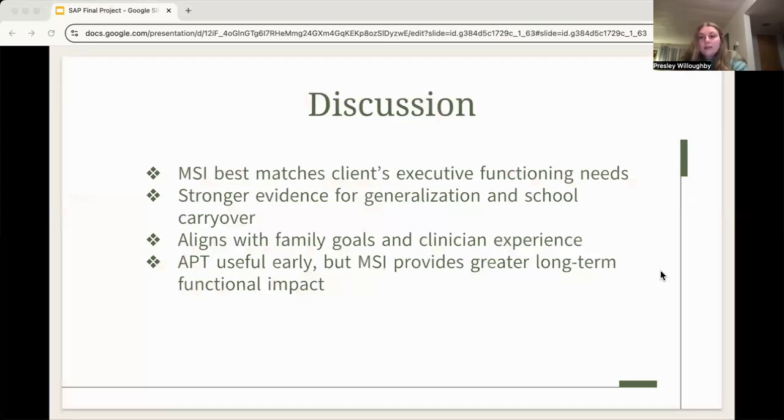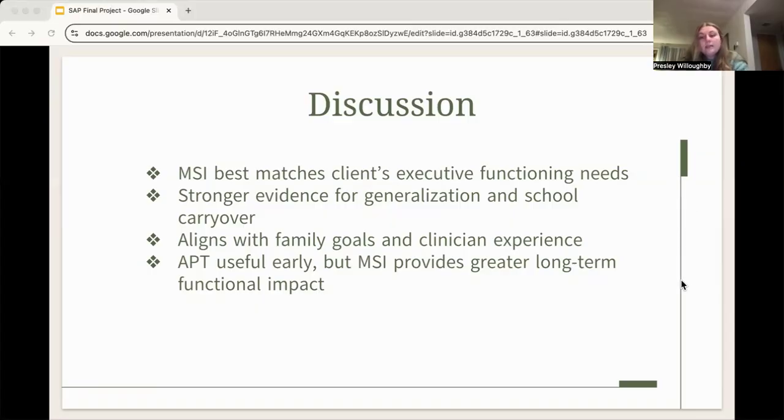So while APT has important benefits, particularly for early cognitive rebuilding, MSI better matches the client's needs, aligns with the family's goals, and has stronger evidence for real-world functional outcomes. MSI directly supports the skills necessary for academic reintegration, such as planning, organization, and behavior regulation.